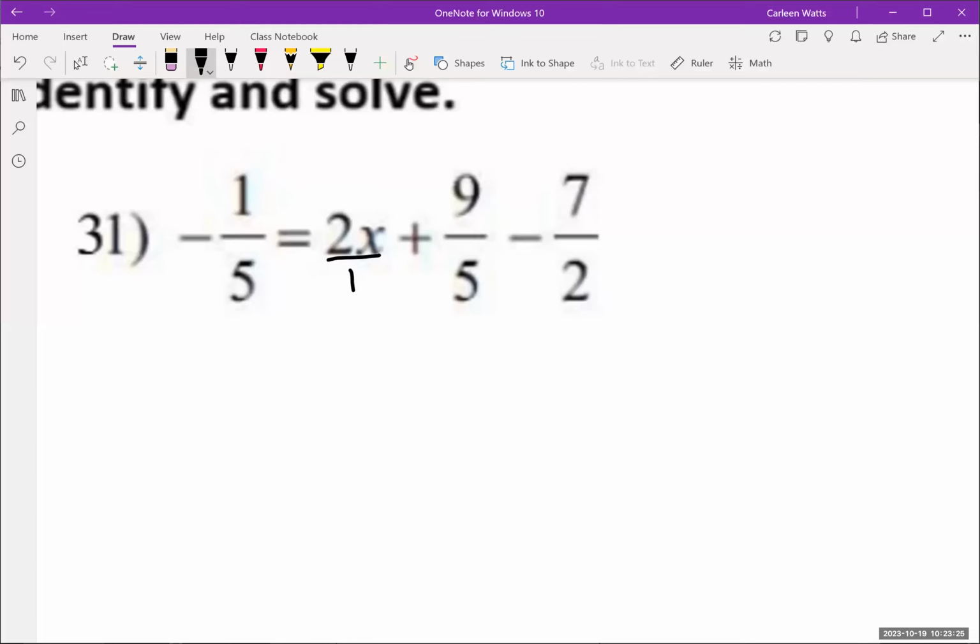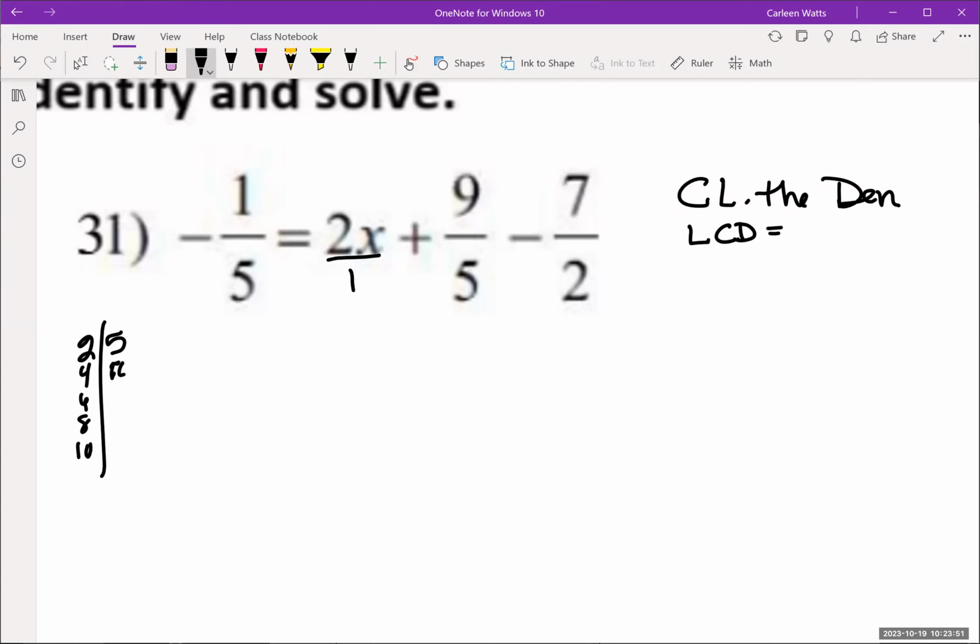I'll have to look. Okay, so we're going to bust the fraction. We're going to clear the denominator by finding the least common denominator. Okay, let's write multiples. Multiples of 2 and multiples of 5. 2, 4, 6, 8, 10, 5, 10.